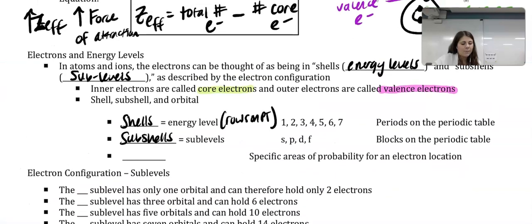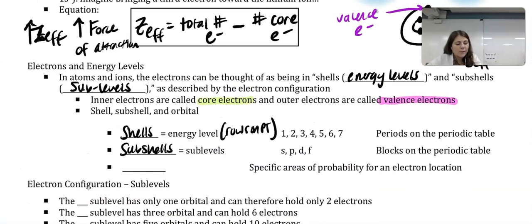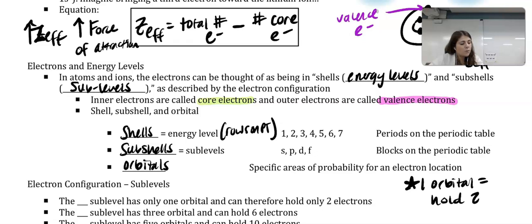All right, going back up, the last thing I want to put is orbitals. So orbitals are specific areas of probability for an electron location. One thing you do need to know is one orbital can hold 2 electrons total.